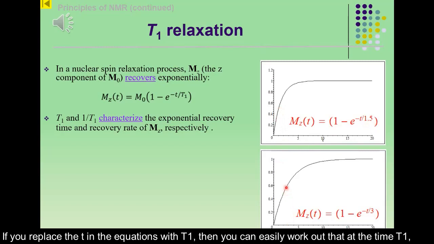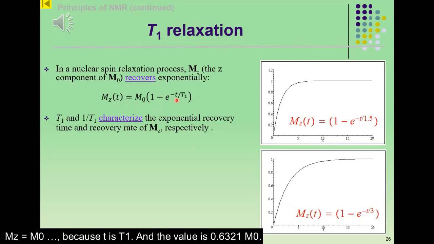If you replace the t in the equation with T1, then you can easily work out that at the time T1, Mz is equal to M0 times bracket 1 minus e to the power of minus 1, because t is T1. And the value is 0.6321 M0.